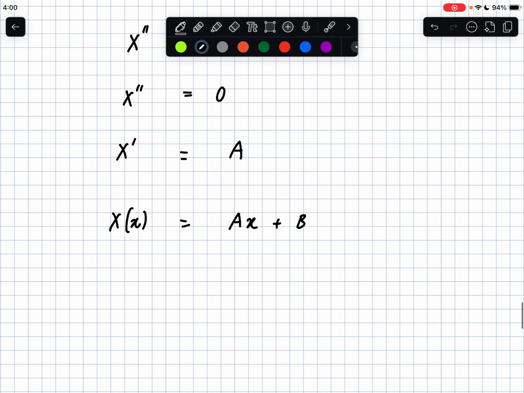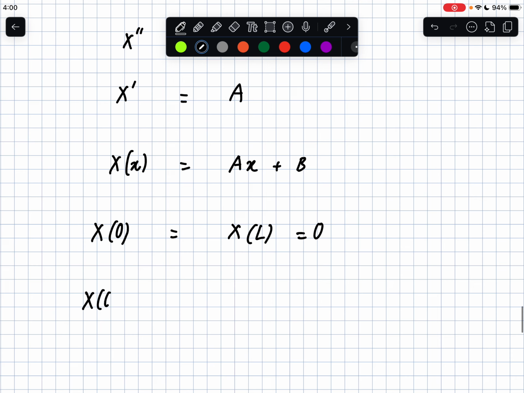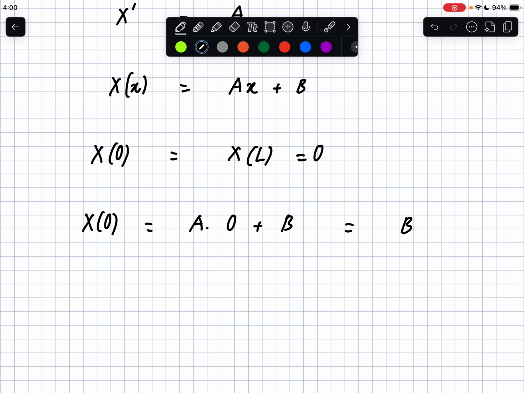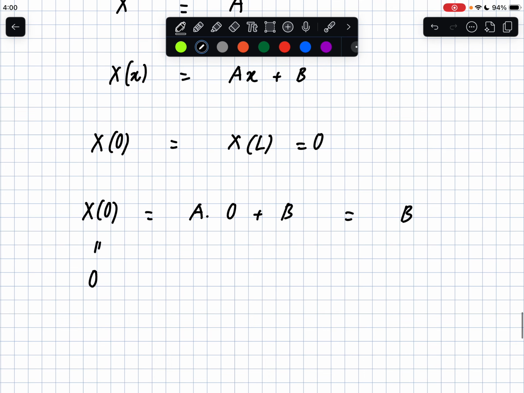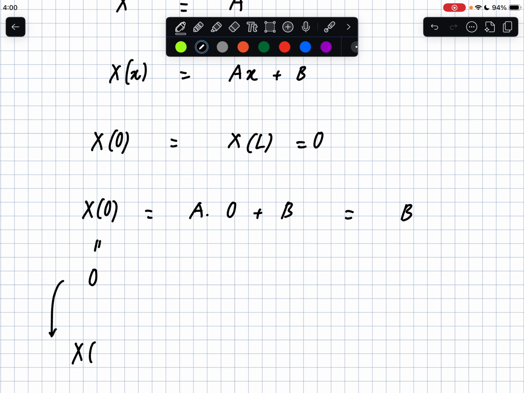Now we have two conditions. X at 0 equal to 0. X at L equal to 0. Use that now. X at 0, A times 0 plus B. So B must be 0. B is 0, so X of x is A times x.